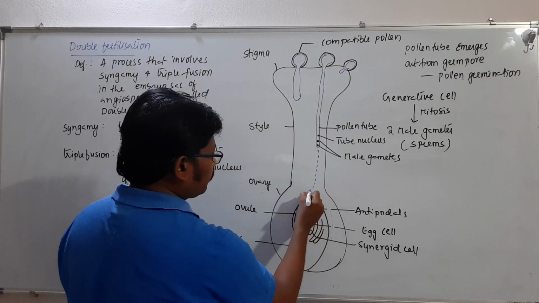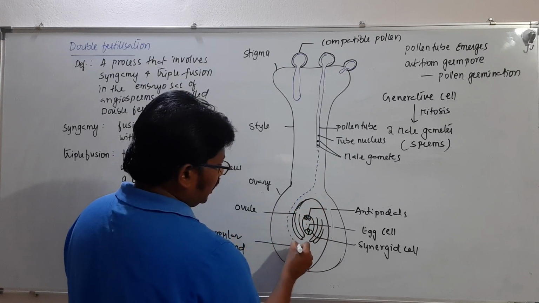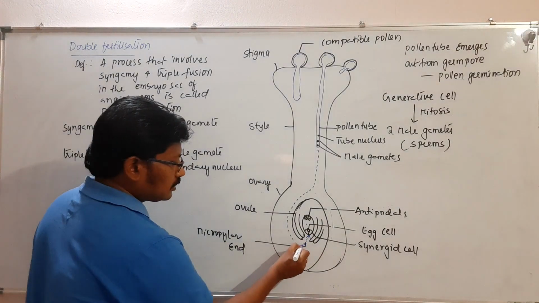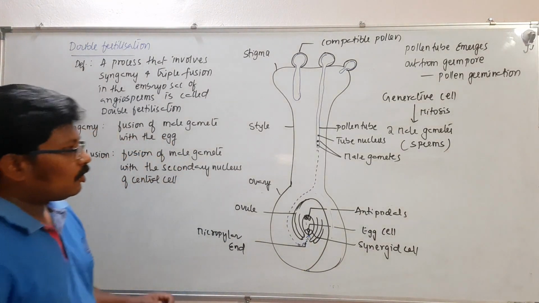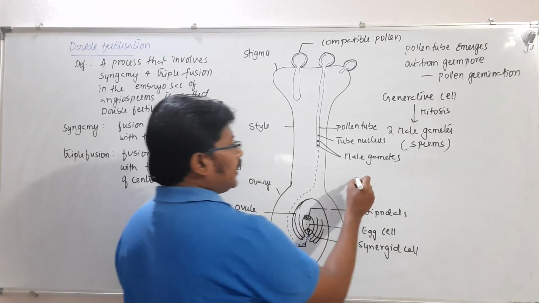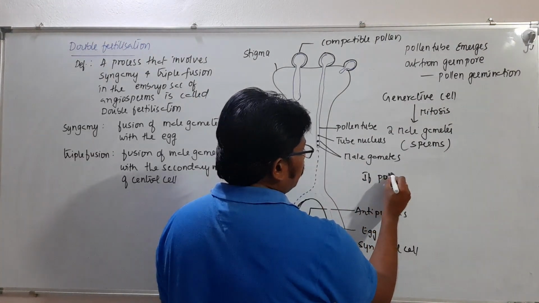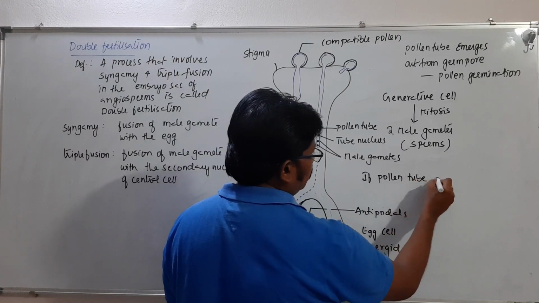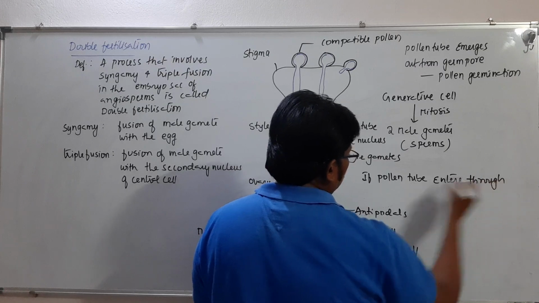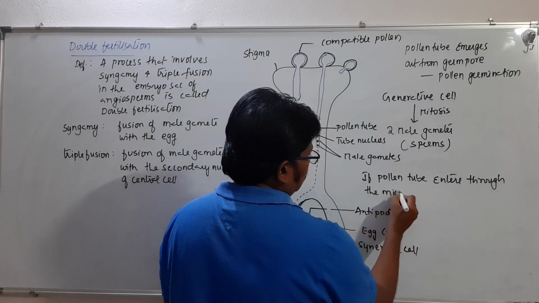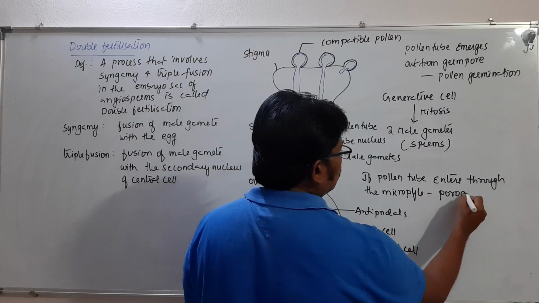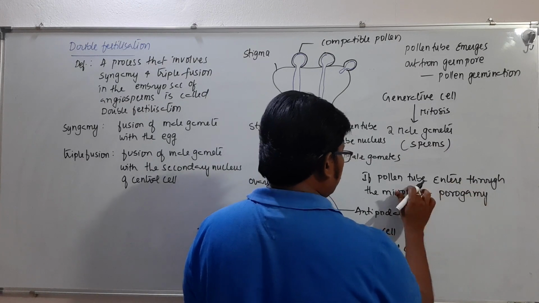So here, it finally enters through the micropyle. If the pollen tube enters through the micropyle, the condition is called porogamy.